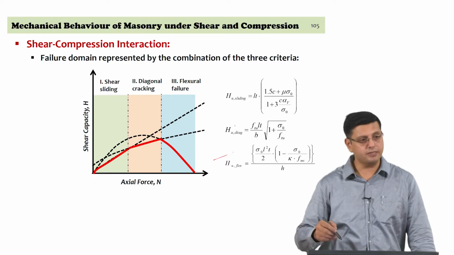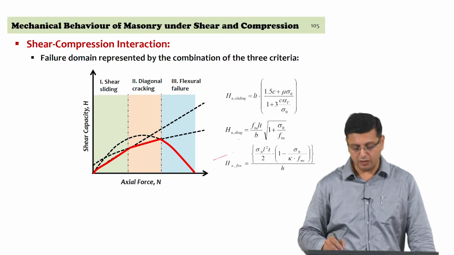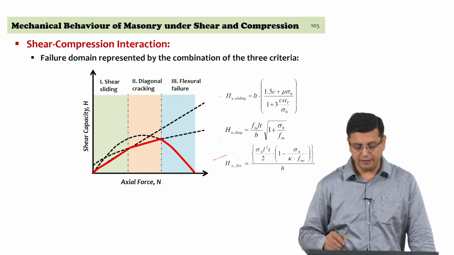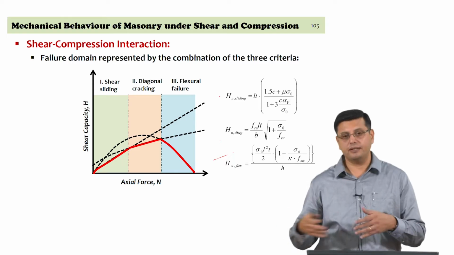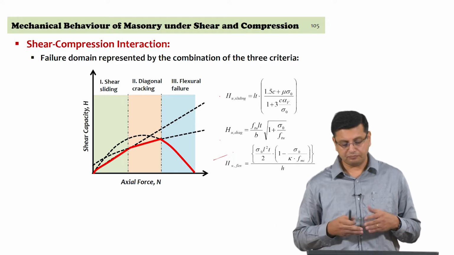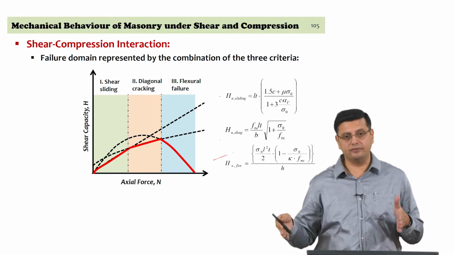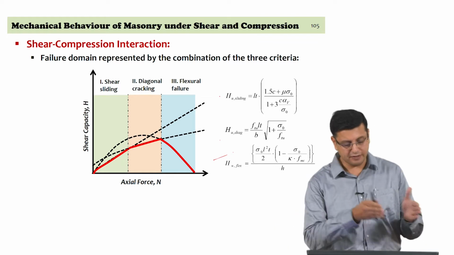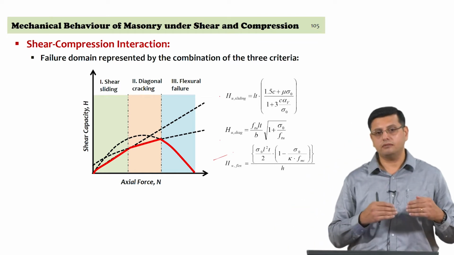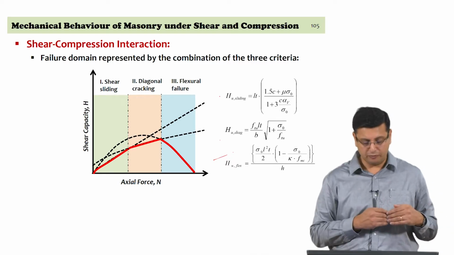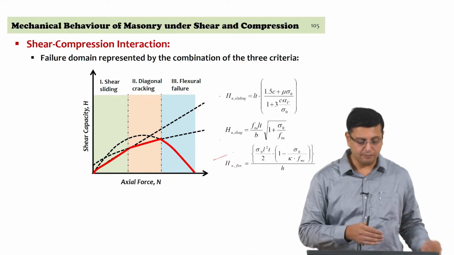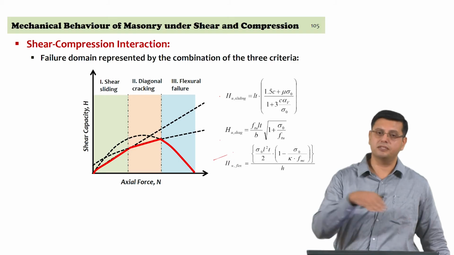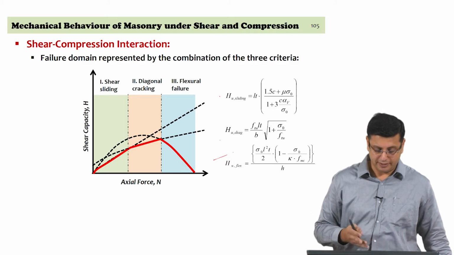The other two mechanisms are shear mechanisms, based on the diagonal tension failure and the sliding shear failure. Once this is estimated for all values of axial force, you get the interaction surface, which is the lowest shear force of the three mechanisms, and this gives you the failure domain itself.